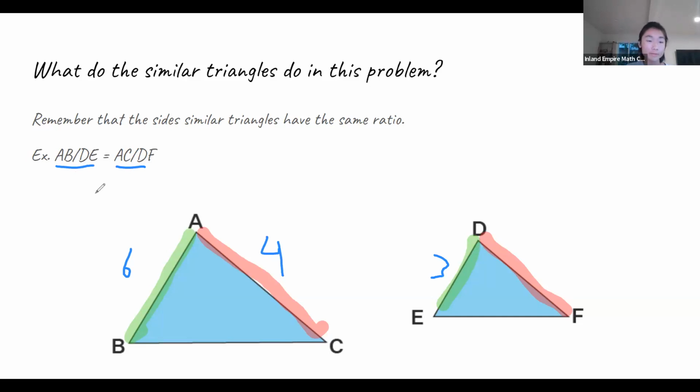All right, so if we write out this equation, you can see side AB is 6 divided by side DE, which is 3, will be equal to side AC, which is 4, divided by side DF.